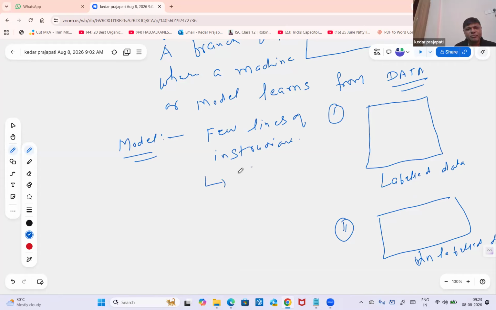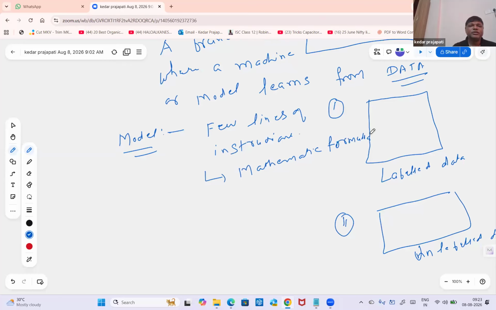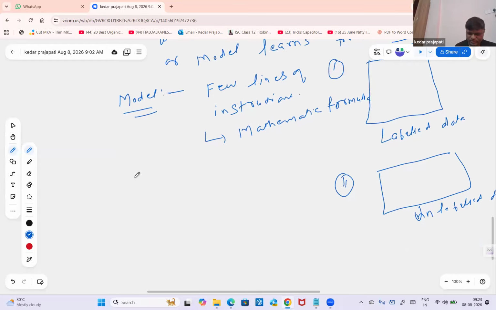It can be a mathematical formula or rule. So you have given a mathematical formula to the model.